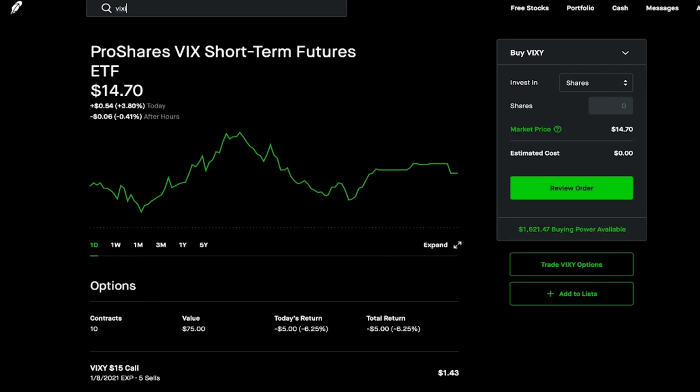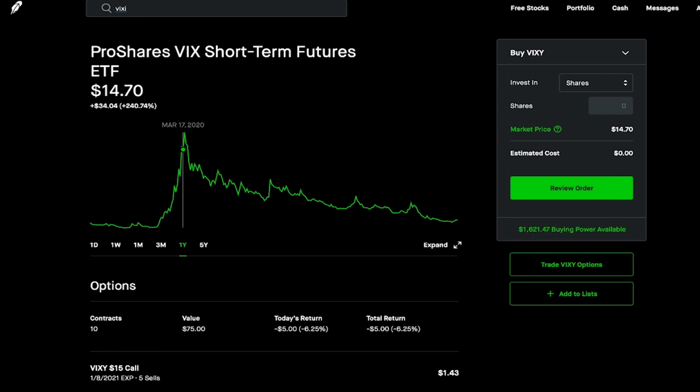If you look at the 1 year chart, around March, when the market crash happened because of coronavirus, there was a tremendous amount of volatility, and because of that, there's this insane rise from $11. It went up to $56 within like a month, and then it started going down as the market started recovering and people weren't looking for as much protection.